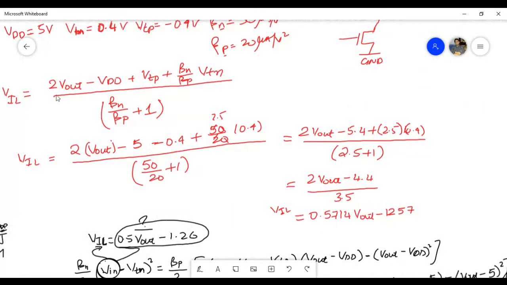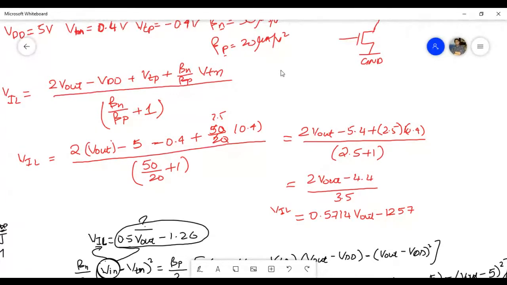Now here we have VDD plus VTP, because now we are calculating for the transistor VTP.